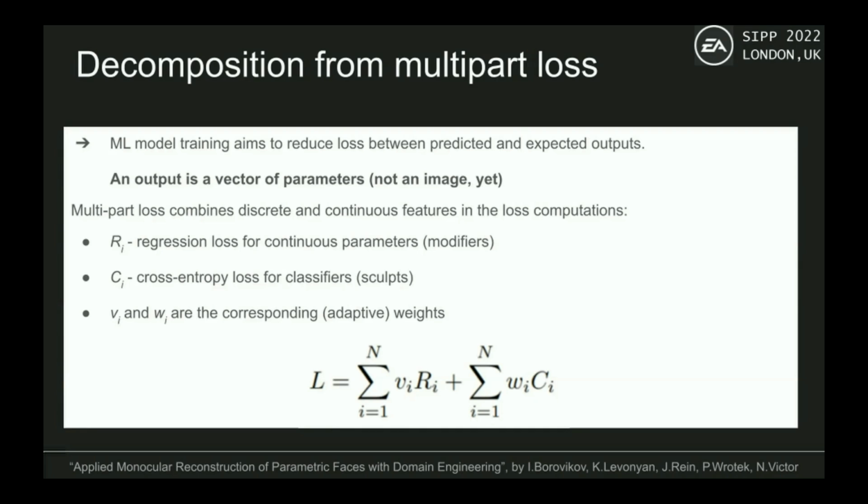The slide shows the multipart loss that we have to minimize during training. R's here correspond to the regression part of the loss and C's to the classification part. The V's and W's are weights that we can tune or leave constant equal to 1. Their choice can significantly affect the speed of training, but is not as important for the final result.